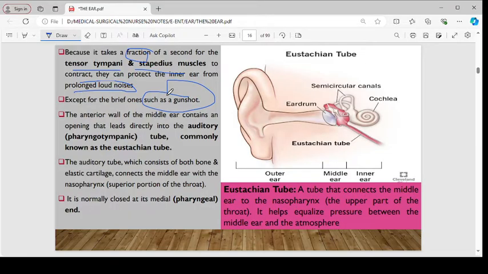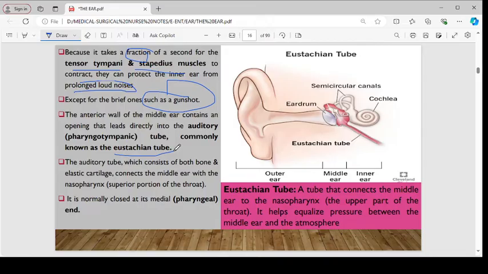this is the pharyngotympanic tube, commonly referred to as the eustachian tube. The auditory tube, which consists of both bone and elastic cartilage, connects the middle ear with the nasopharynx, which is the superior portion of the throat. It is normally closed at its medial, that is the pharyngeal end, right?